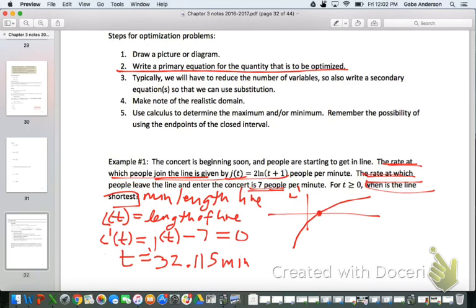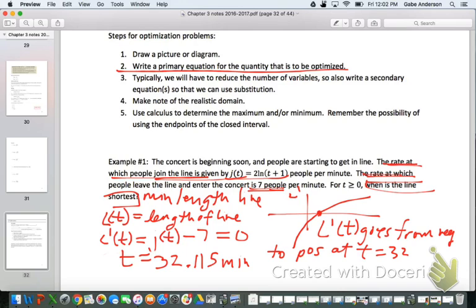We would say L prime changes from negative to positive at t equals 32.115. Therefore, L of t is minimized.